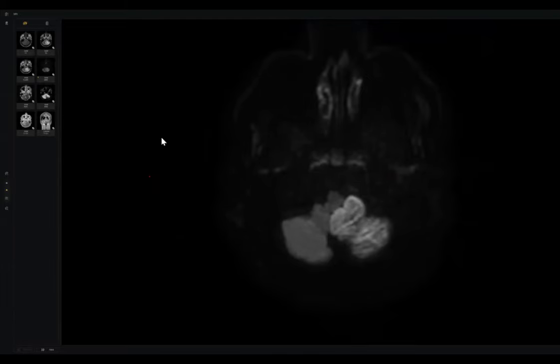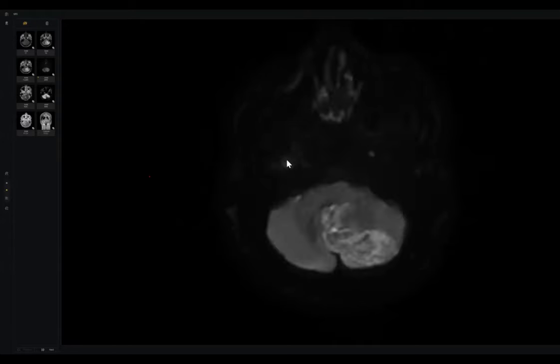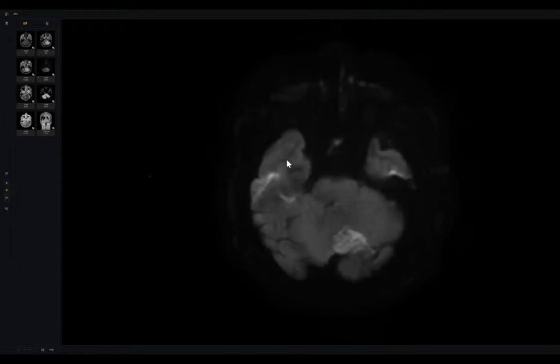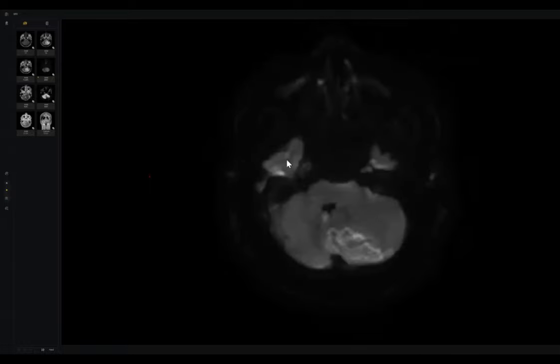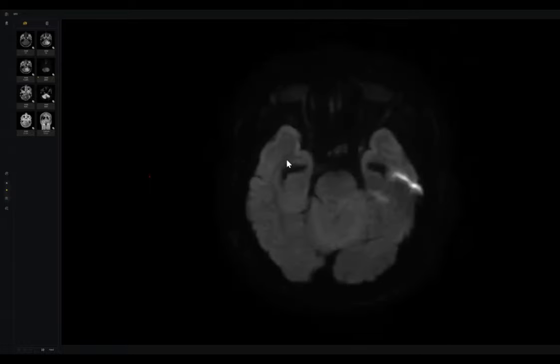What is the proper next action for a patient with a stroke more than 4.5 hours, or he is 6 hours now? What do you think? What is the most suitable next step?